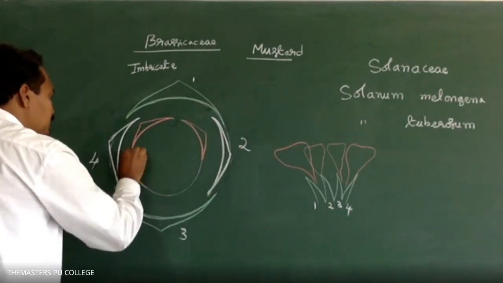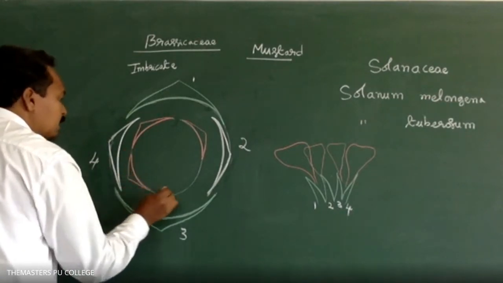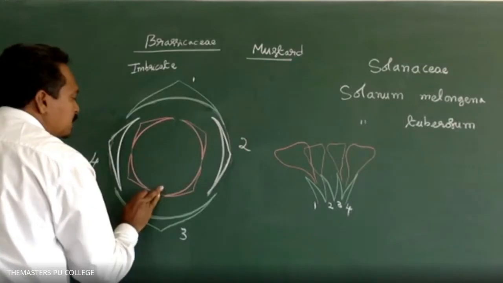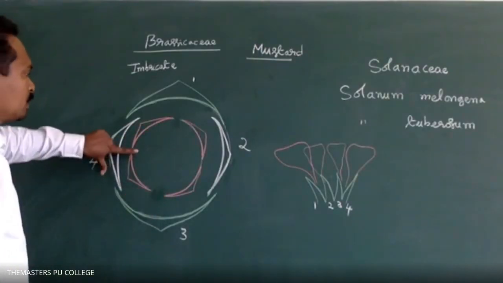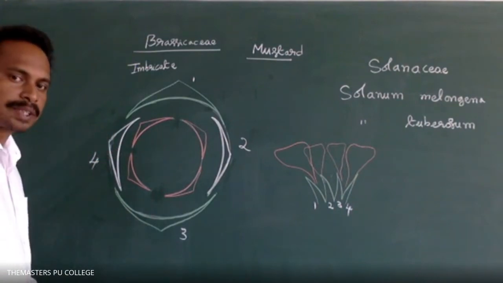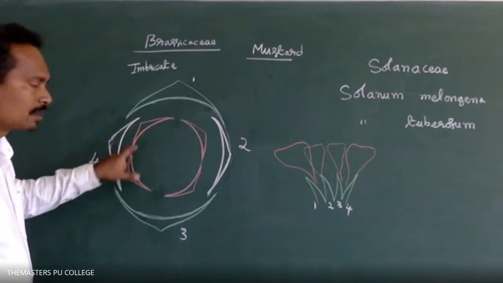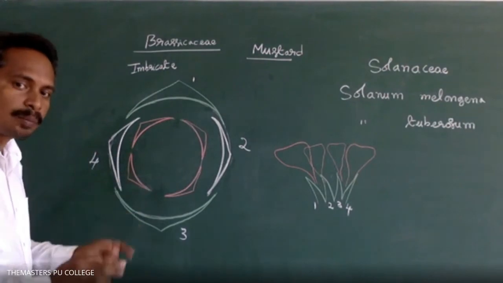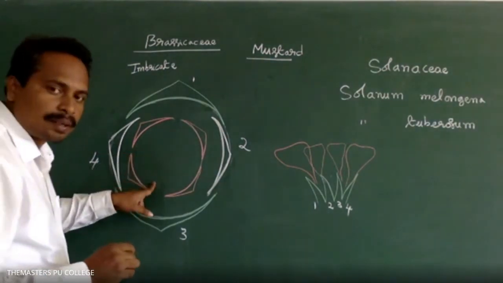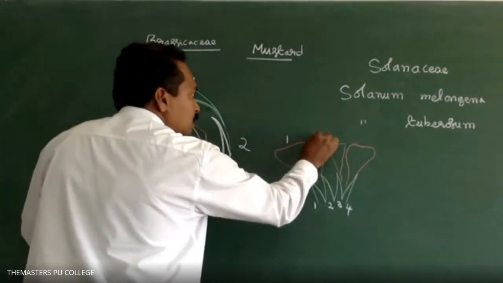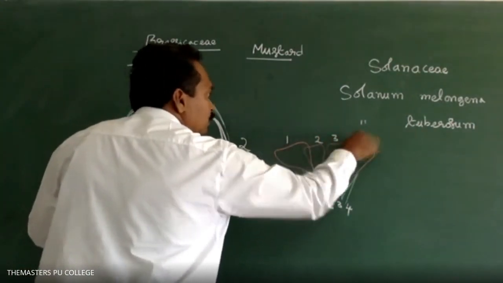What estivation do you observe? Valvate estivation. The petals do not overlap each other; the petal edges just touch. This is one petal, second, third, and fourth petal.